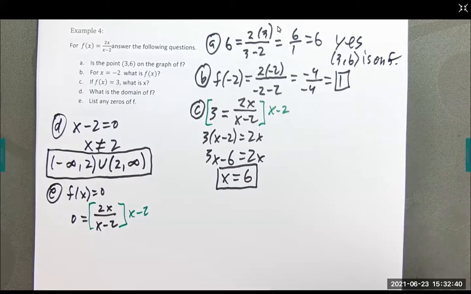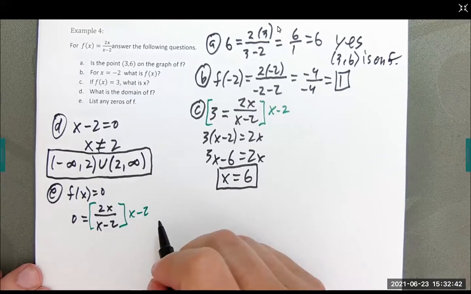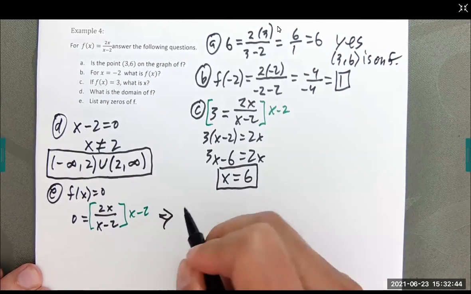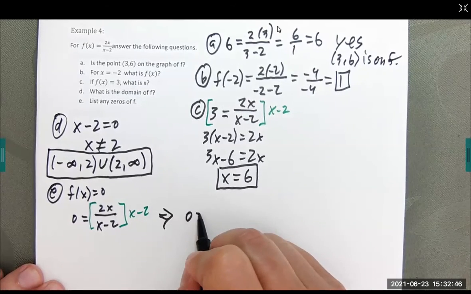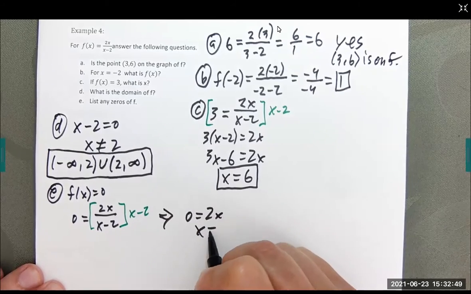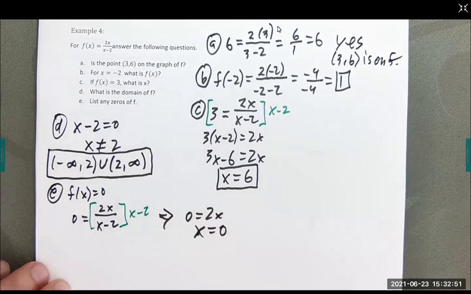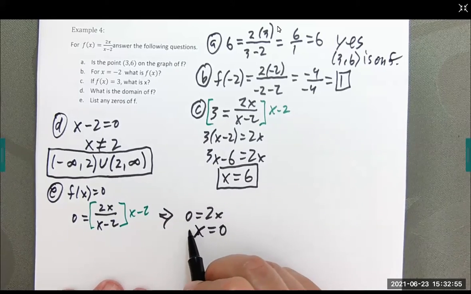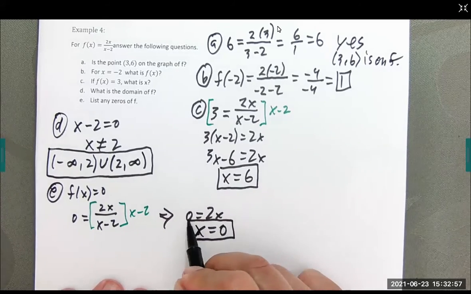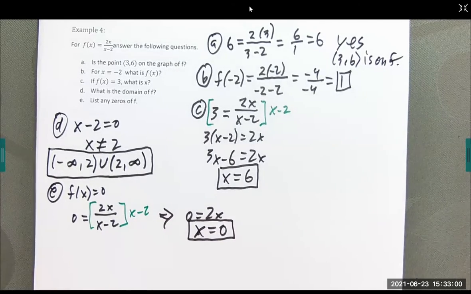Of course, anything times 0 is 0. So I get 0 equals 2x. Looks like x equals 0. So it looks like the point 0, 0 is on this here. Not too bad. One of the easier sections, I think.